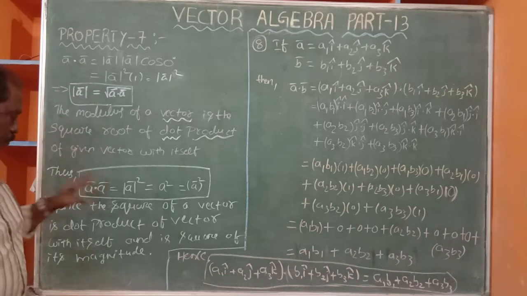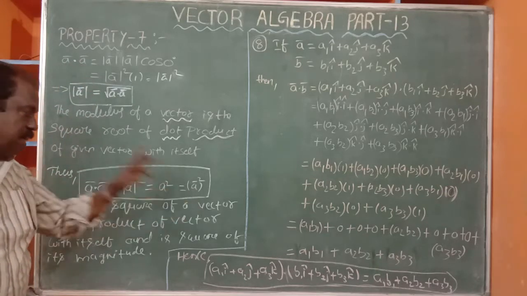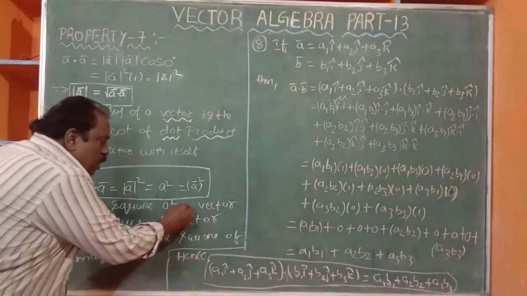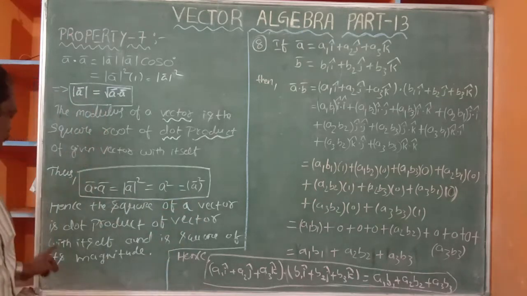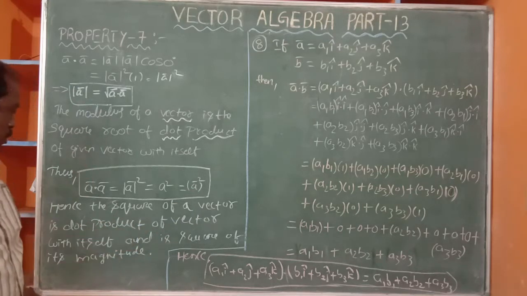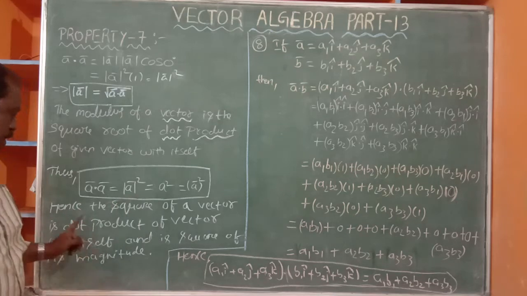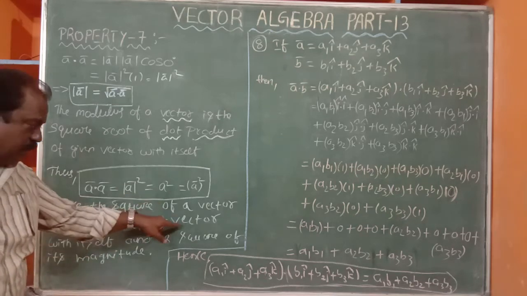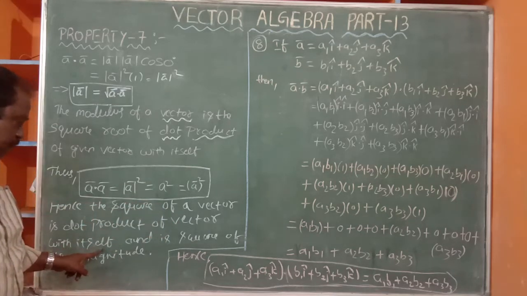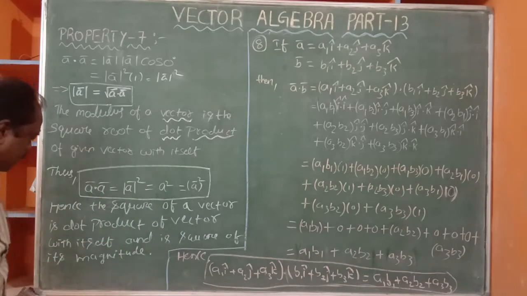Hence, the square of a vector is the dot product of the given vector with itself, the dot product of the same vector with itself, and it is nothing but the square of its magnitude also.